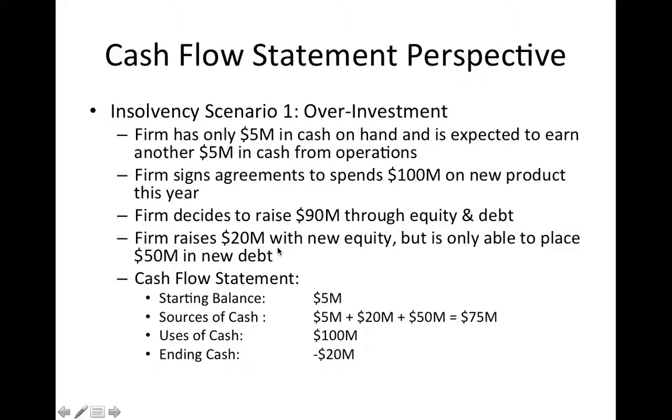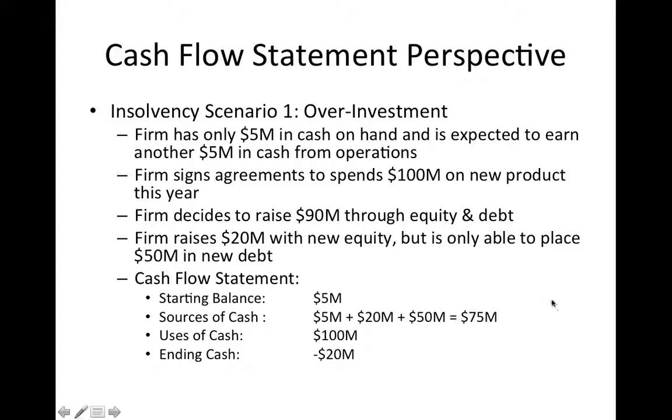They go out to raise their equity, and they are able to raise $20 million there. They're only able to raise $50 million in debt, so $70 million total. They needed $90 million. So they start out with $5 million. Sources of cash: they get $5 million from operations, $20 million from equity, $50 million from debt, so that's $75 million more. Uses: they have to spend the $100 million because they're contractually obligated.